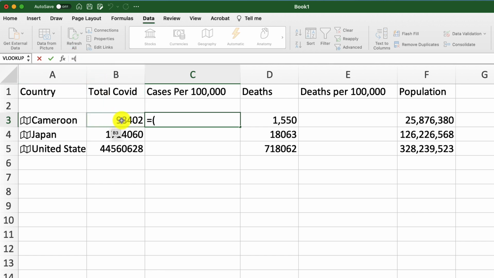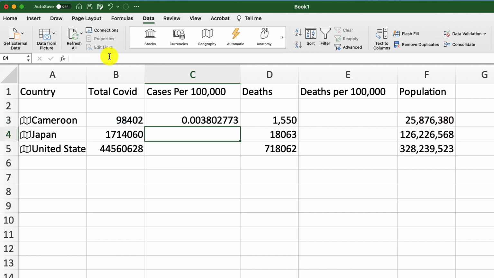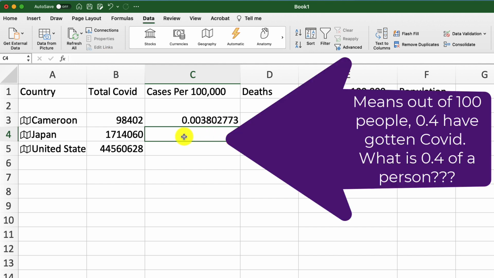And I want to take total number of COVID, and I want to divide by the population, and that equals 0.000038. That's not really a meaningful number for most people because this is based on 100. So 0.003 people out of 100 have gotten COVID.